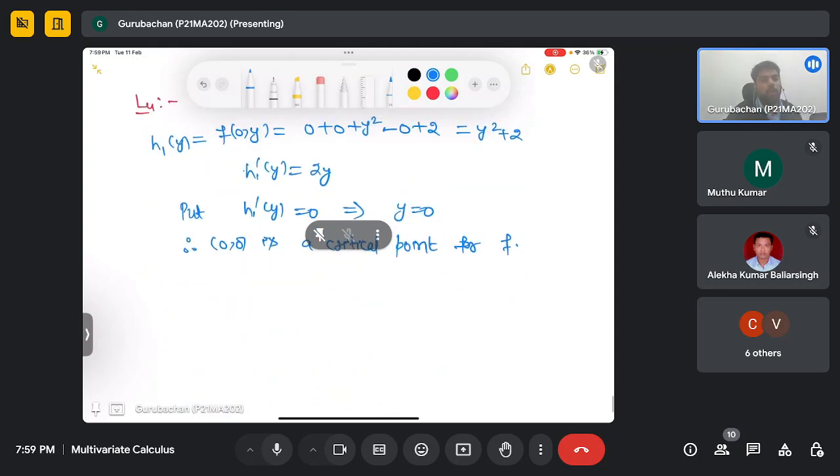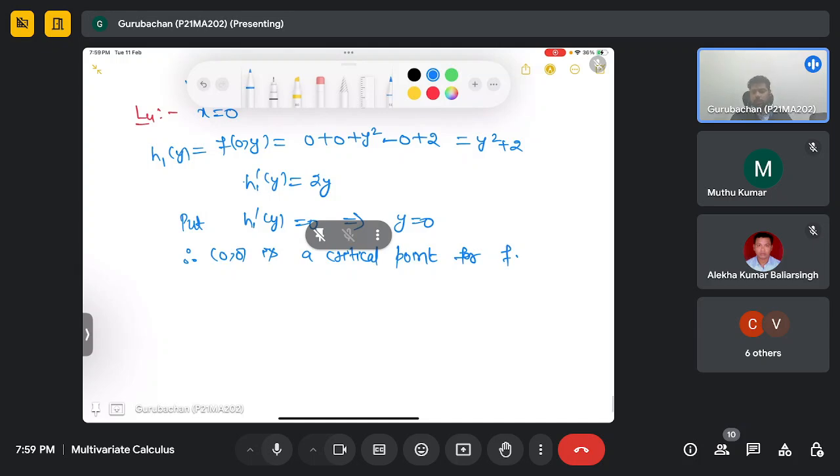Okay. Now we got some points. So which points do we need to check here and what is the functional value at these points?